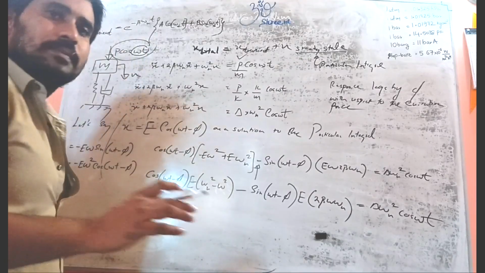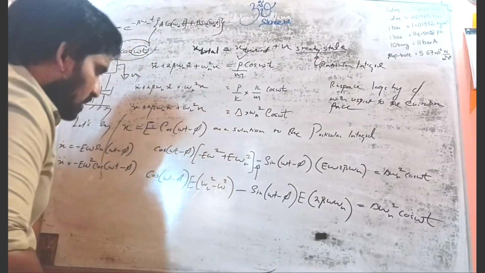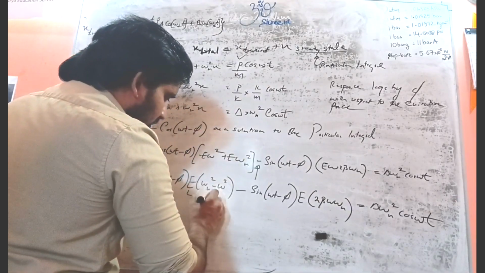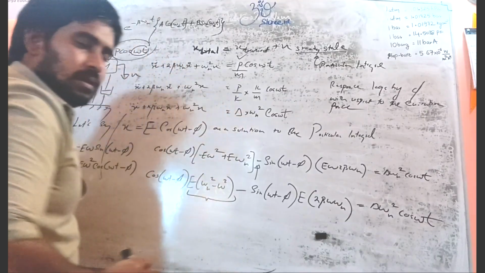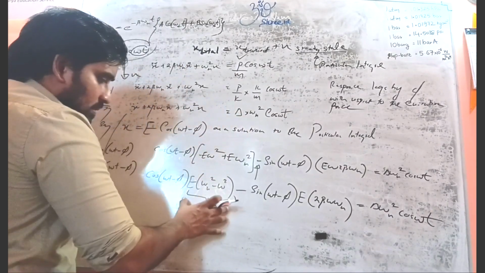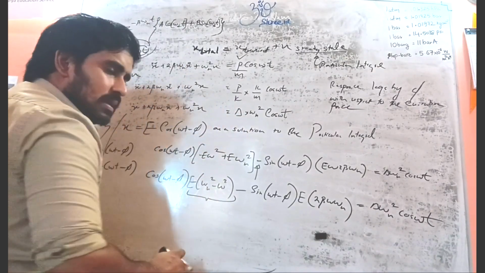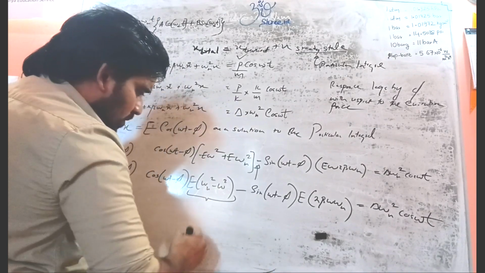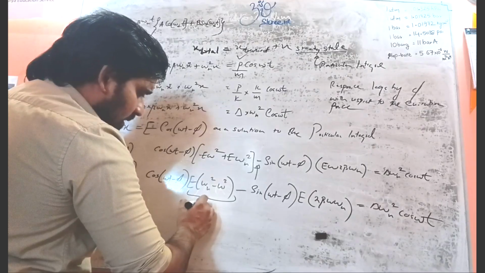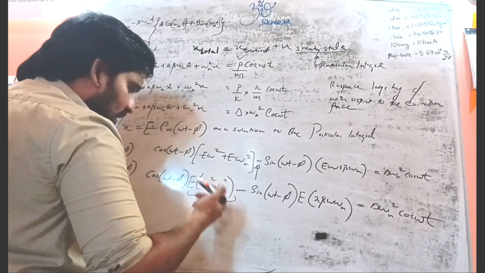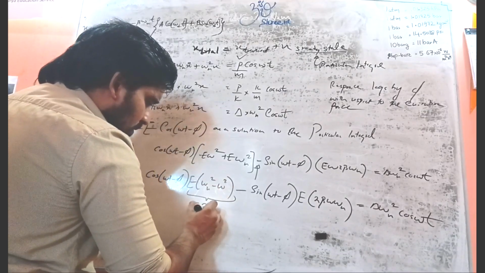Now let's say that this part we can equate to something like f cos alpha.